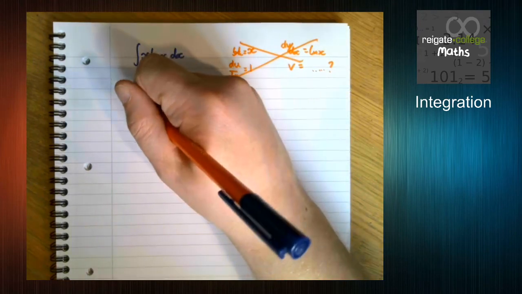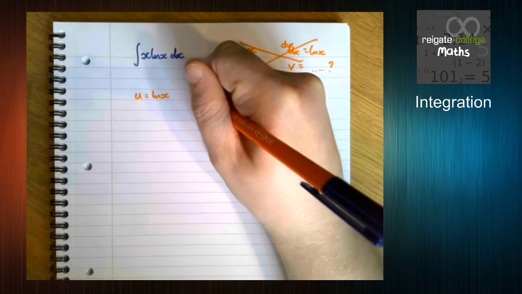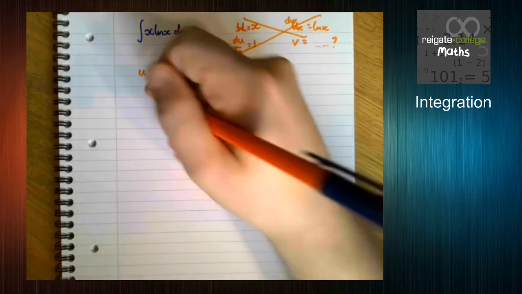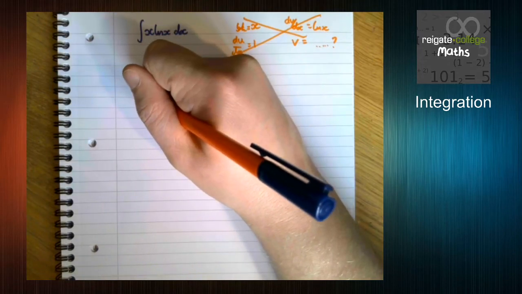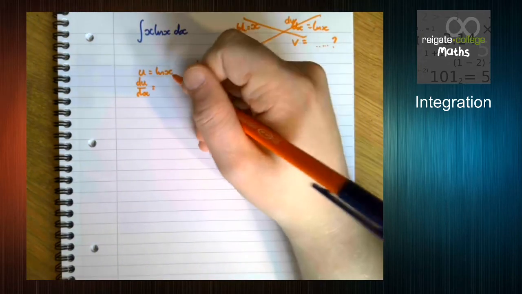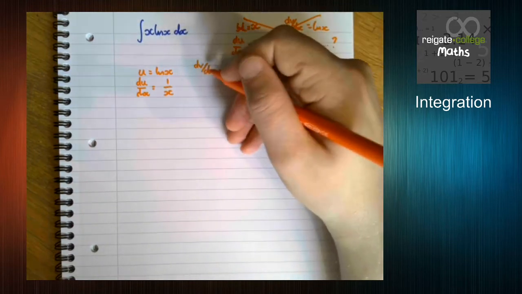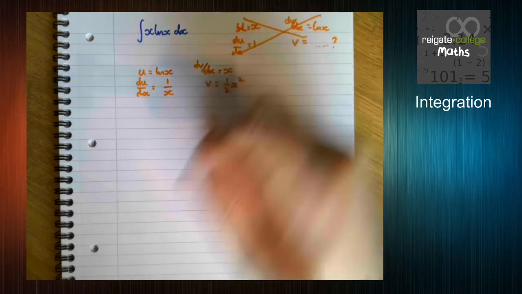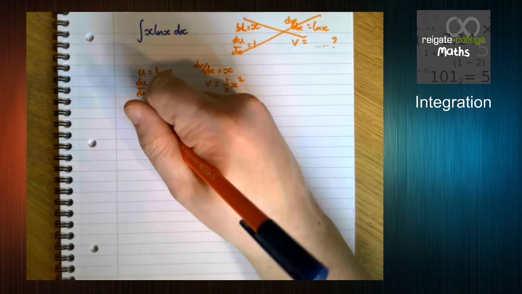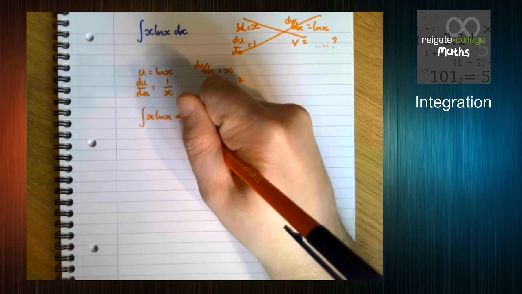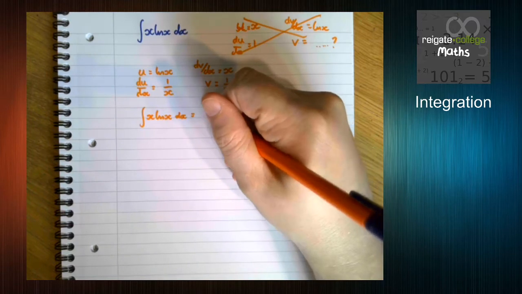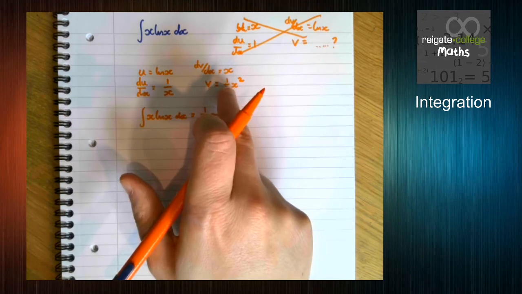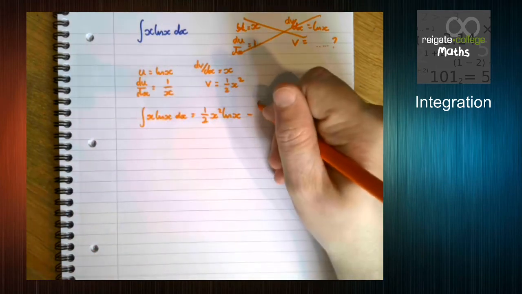So in this case, u is going to be ln x, and dv is x. It doesn't change a lot. We still do the same thing. Differentiate ln x. Integrate x. Then use the formula, uv minus v du.